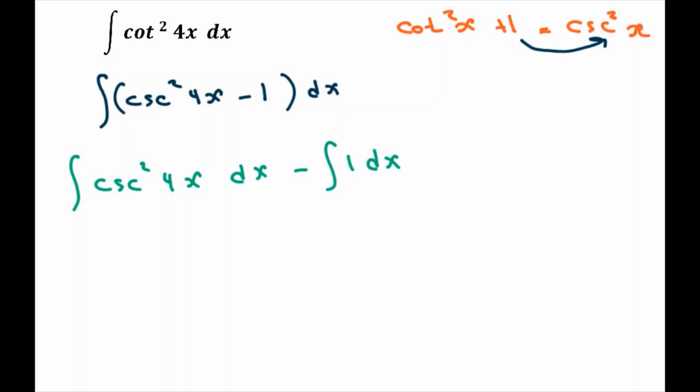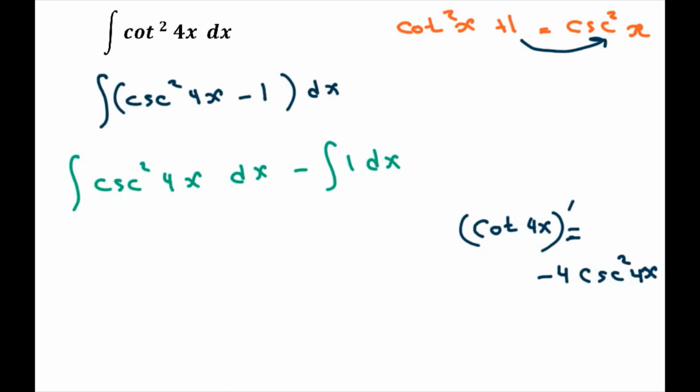Now you might know that the derivative of cotangent x is equal to negative cosecant squared x. Now I don't have x, I have 4x. So cotangent 4x, the derivative is equal to negative 4 cosecant squared 4x.